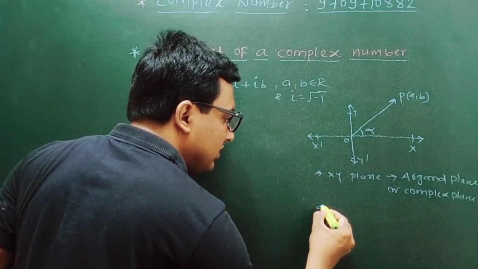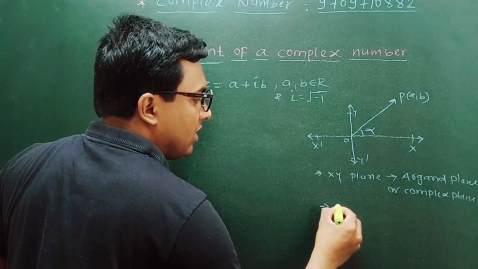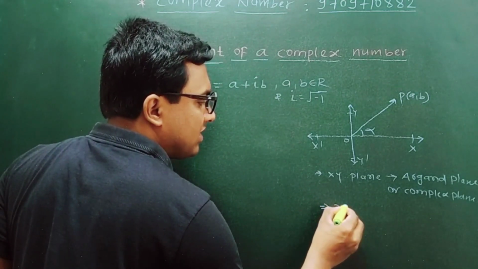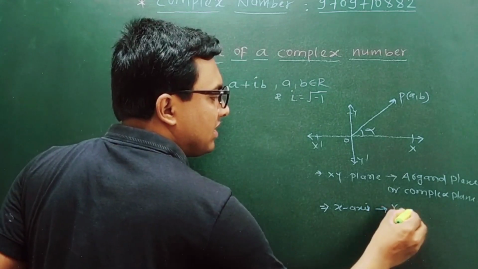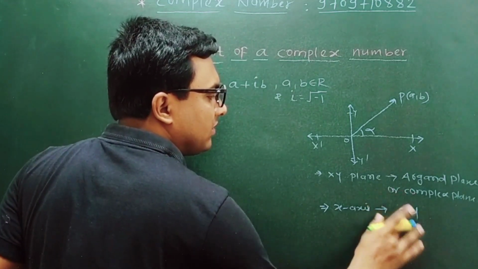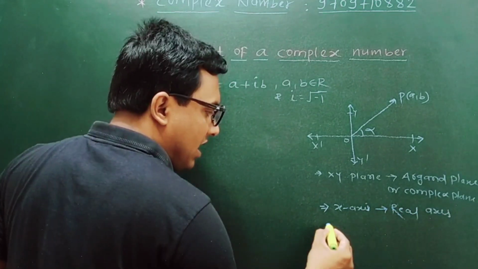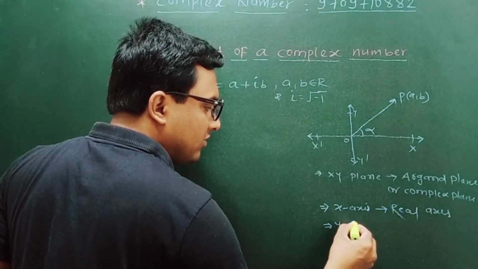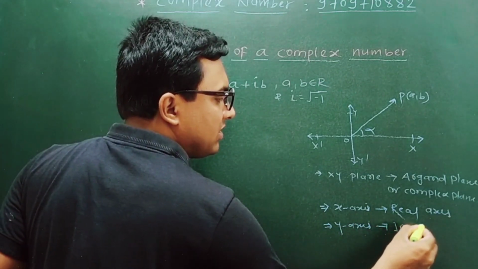Next, the x axis is known as the real axis, and the y axis is known as the imaginary axis.